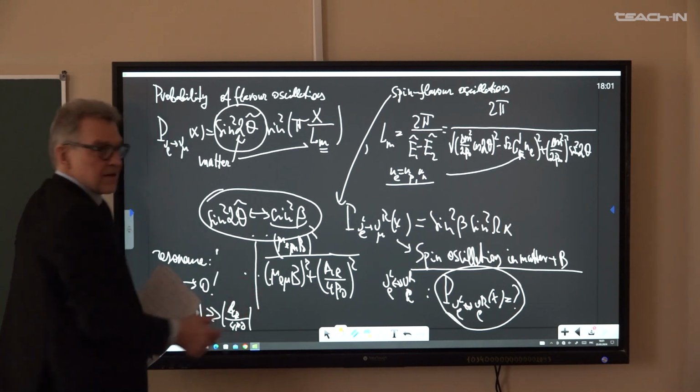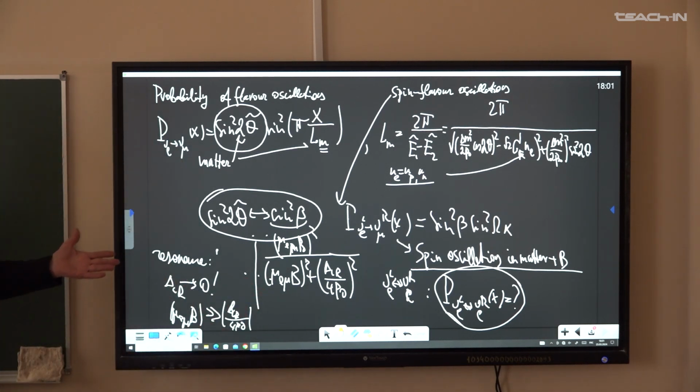So these are the particular cases when the amplitude of oscillations is not much smaller than 1. It's a reasonable value. This is the resonance.